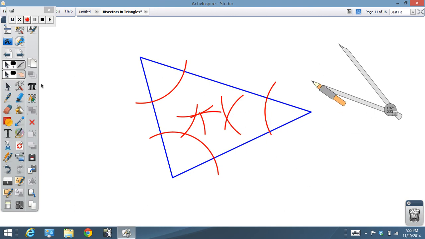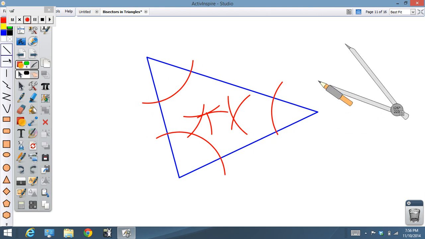When we make angle bisectors now, lines, they're going to be green. All right, one of them is going to go right through that point right there. One of them is going to go through that point right there. And one of them is going to go through this right there.